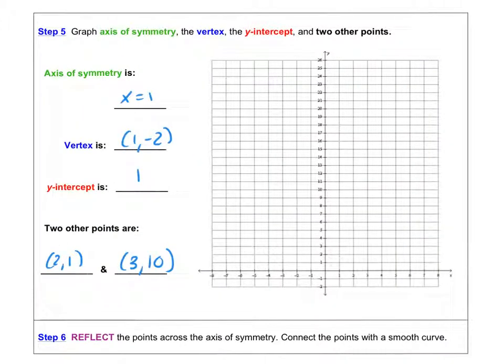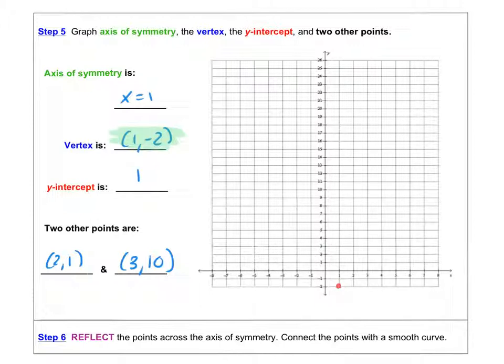Okay, I've taken that information and moved it into step 5. My axis of symmetry is x equals 1. The things I'm going to graph right now, first my vertex, 1, negative 2. That's the vertex of my graph.